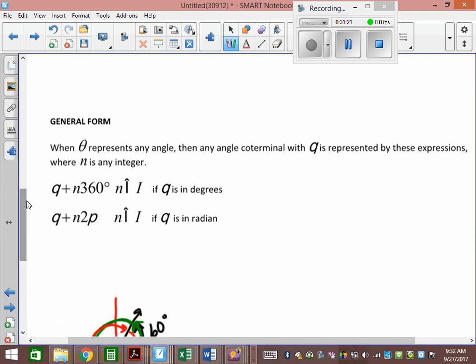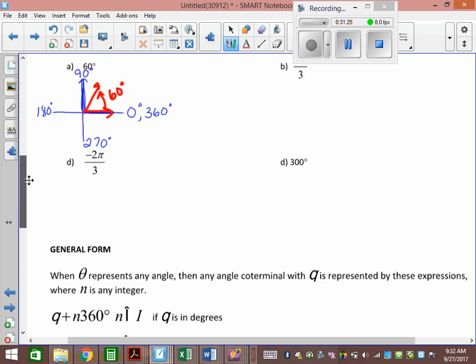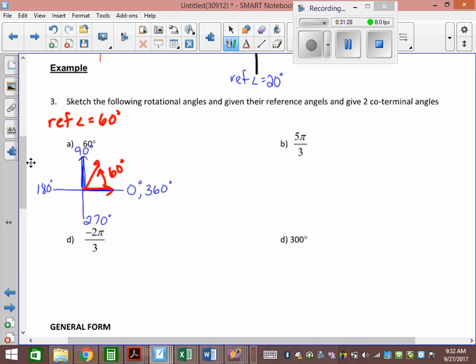And I don't know why it did this. It changed some of my things in the conversion. Great fun. Okay, so if you have 5 pi over 3, and you don't even know where that is, could you convert it to degrees, do it that way, and then convert back to radians for your answer? Absolutely. I like to push sticking to radians if you're in radians, but students do not like that, and they just convert it to degrees anyways.